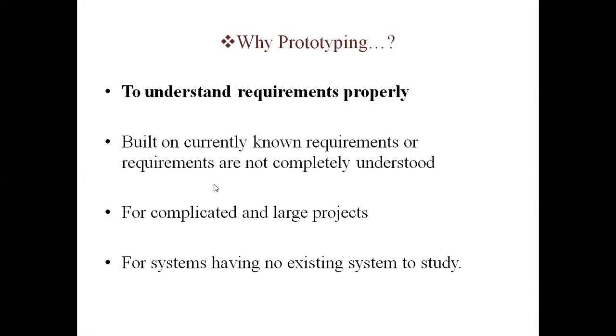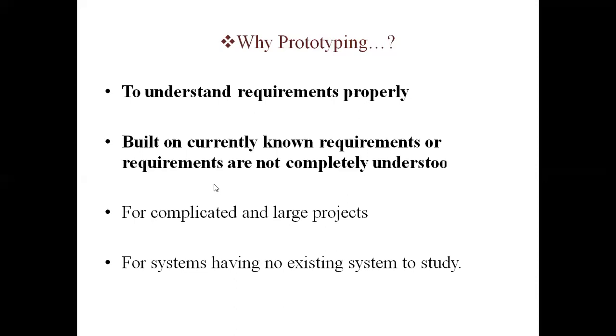The prototyping model is built on currently known requirements or requirements which are not completely understood. If the user has given you some 20 requirements and you have understood 7 or 8 of them, start building your prototype with those 8 requirements and gradually approach your user and make the necessary changes.